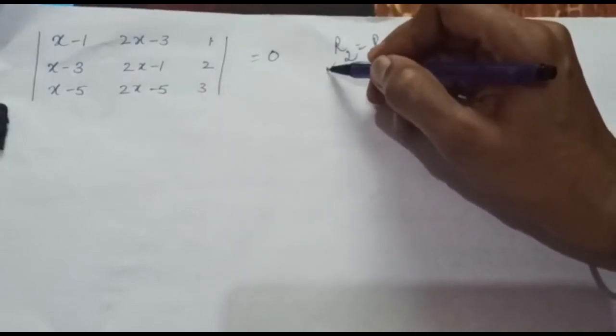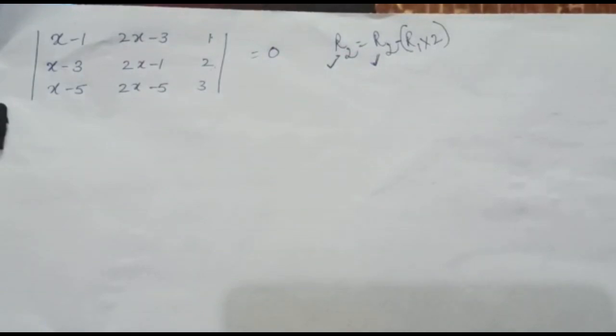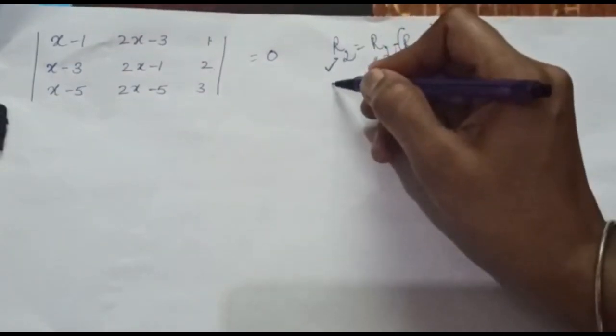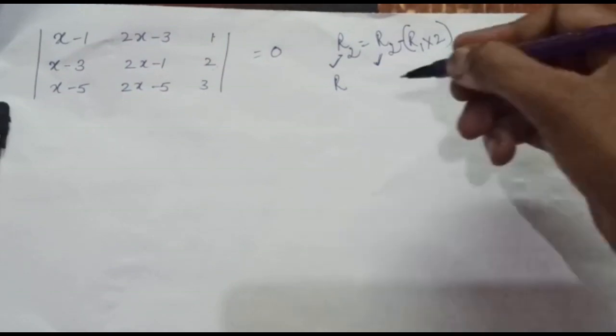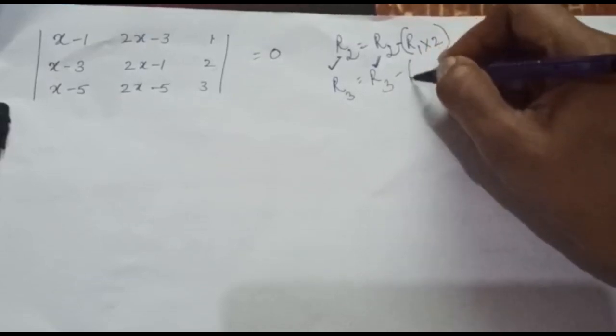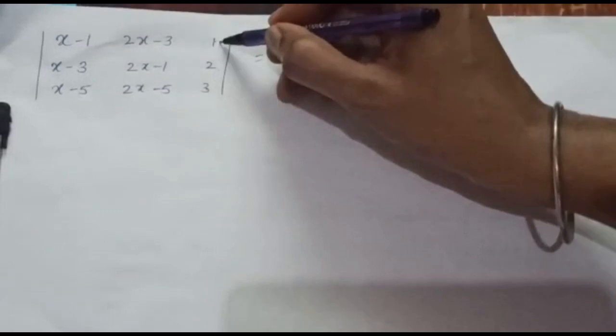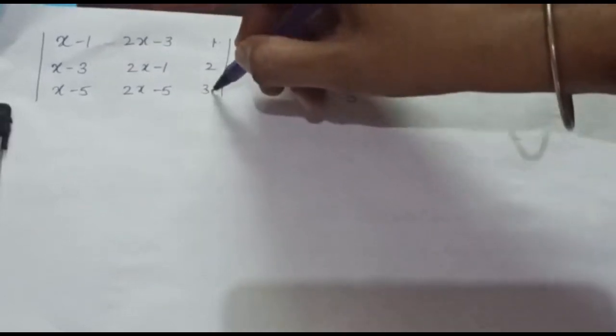So my changes are going to come in row number 2 because I am starting with row number 2 and making certain changes. Similarly, if I want to make changes in row number 3, what will I do? I will take row number 3 and I will be making changes again with row number 1 by multiplying it with 3. If I multiply this row with 3 and subtract it from this, then I may get a 0.